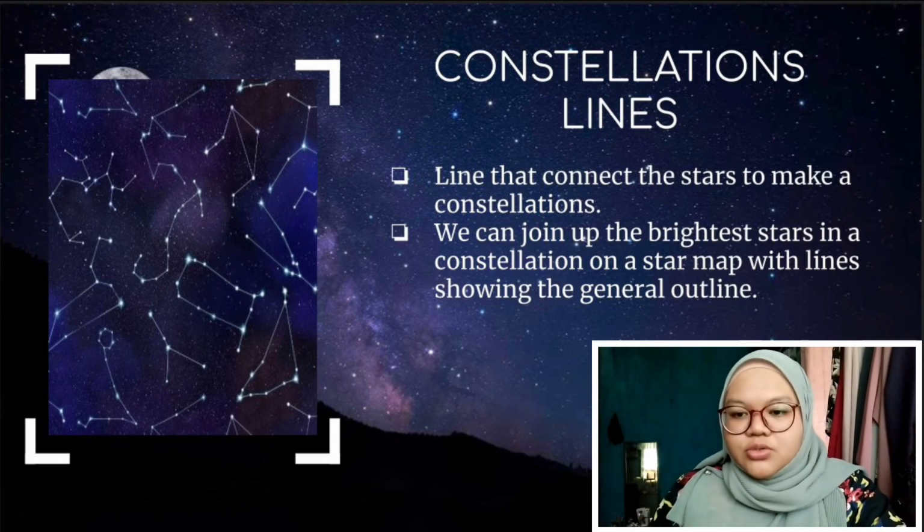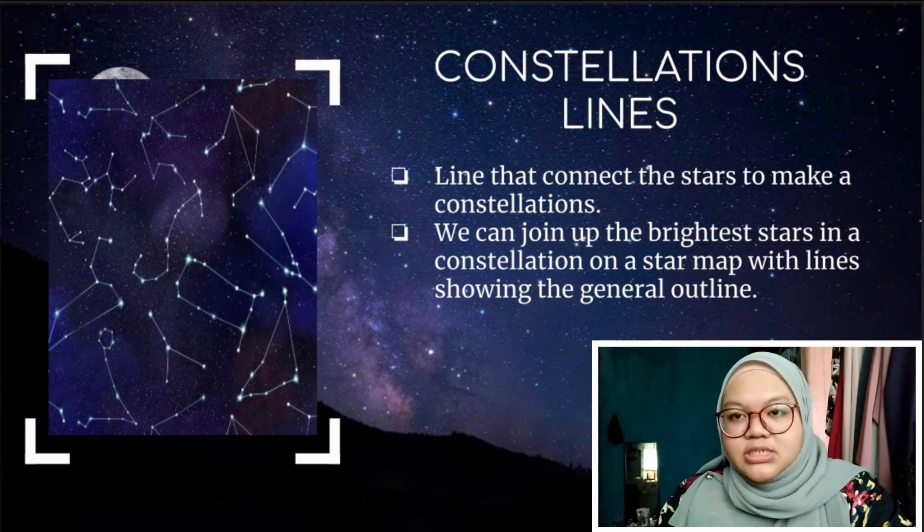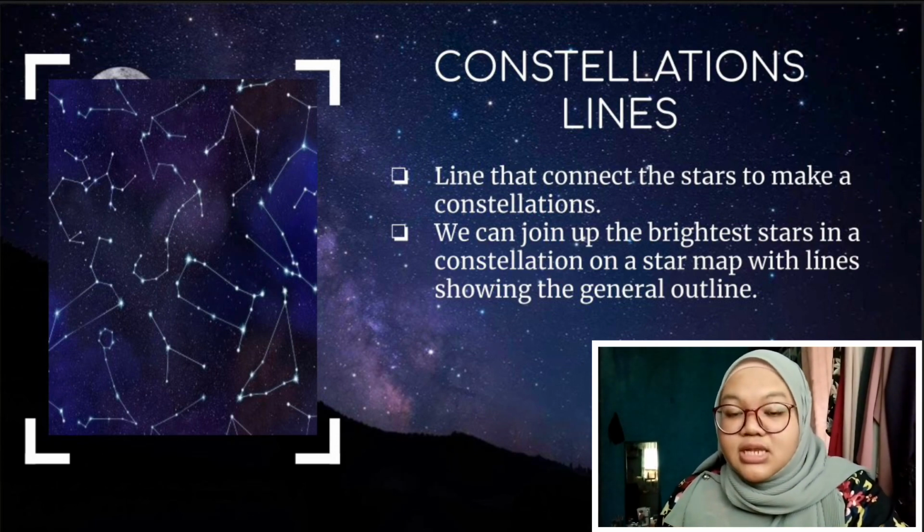Next, we continue to constellation lines. As you have seen in the presentation about constellations, a constellation is a recognized pattern of stars in our night sky. Constellation lines connect the stars to make a constellation.